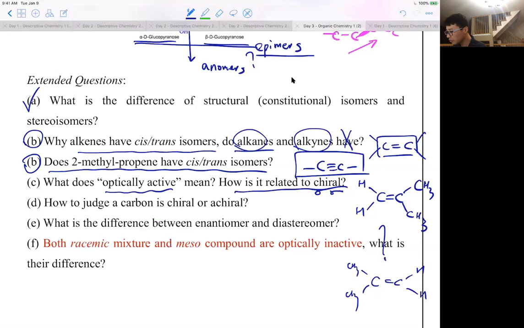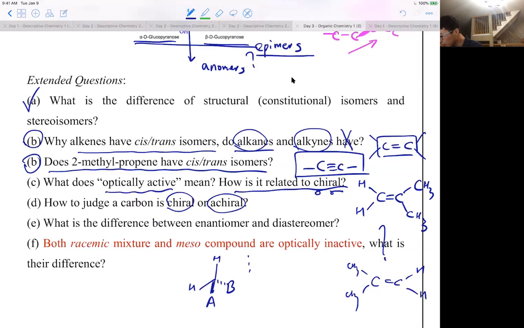And then how to judge whether a carbon is chiral or achiral? Basically, you need to have an sp3 hybridized carbon connected to 4 different groups, right? So let's say if you have, how about this one? Is this one chiral? It is achiral.